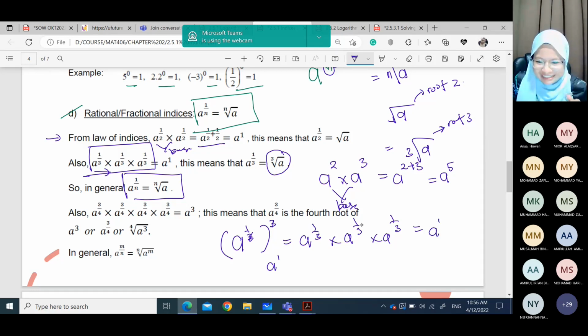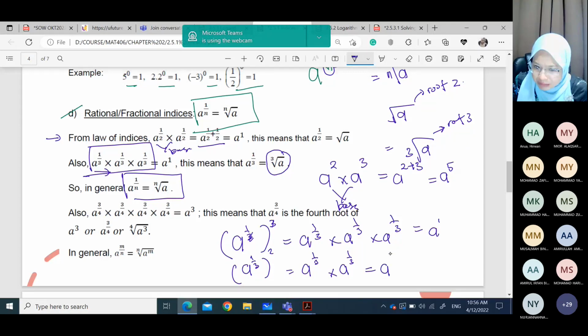Faham? Kita ambil contoh lain. Katakan kita ada A kuasa 1/3 power of 2, which is A to the power of 1 over 3 times A to the power of 1 over 3. Okay. In other words, we can say that A to the power of 1 over 3 plus 1 over 3.